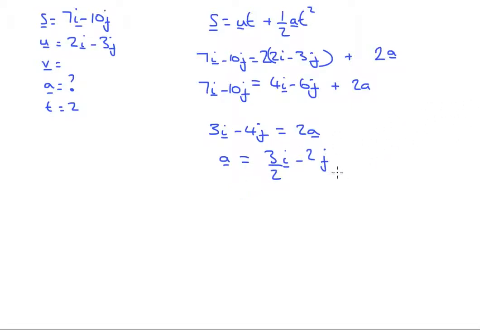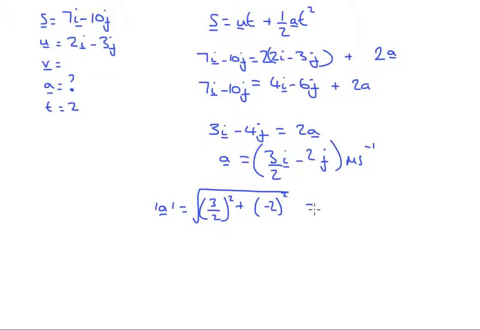And it asks us to show that the magnitude of the acceleration, this is the vector of the acceleration. So we need to find the magnitude, which we can do by doing the square of the i component, the square of the j component, and square rooting. Hopefully this is 2.5. Yeah, 5 over 2.